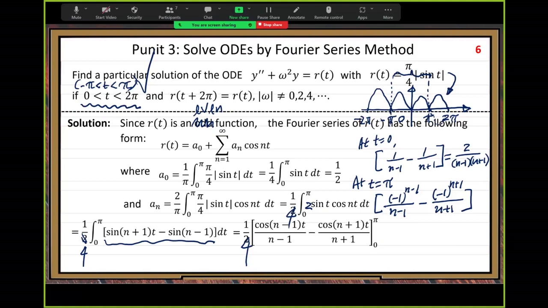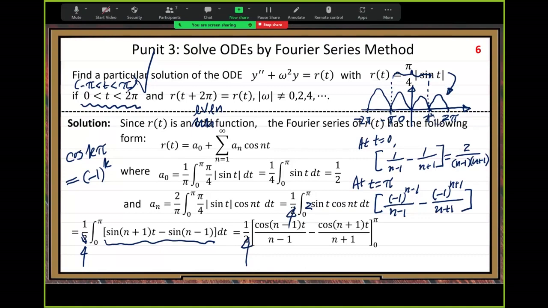Cosine k pi equals negative 1 to the k. Even is 1, odd is negative 1. So that's cosine.